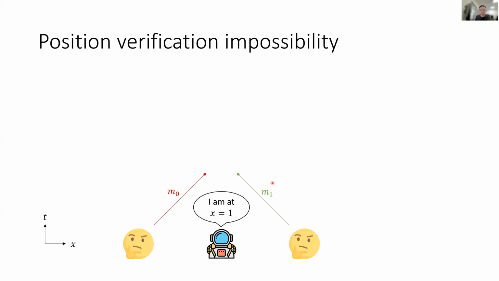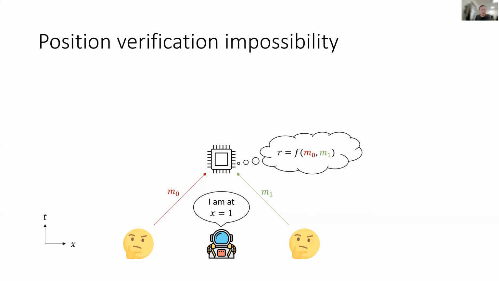And the timing is made so that these two messages arrive at the prover in the middle at the same time. The prover in the middle, upon receiving these two messages, is going to compute some function f on both M0 and M1, and then spit out the response to both parties. And at the end, these parties are going to check whether they get the correct response R.